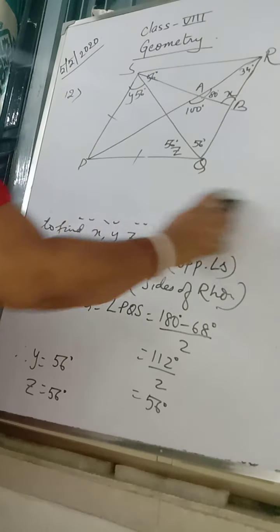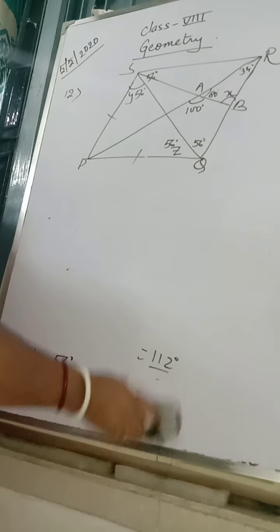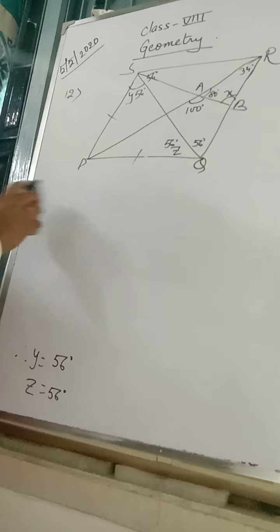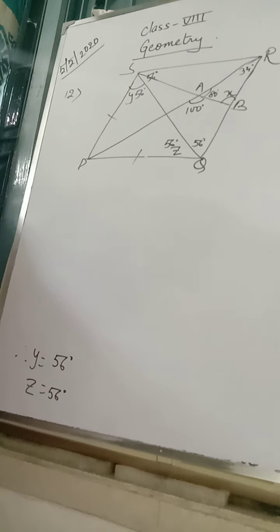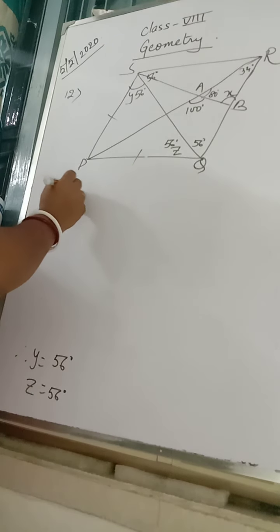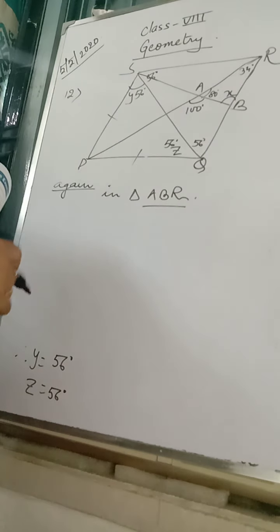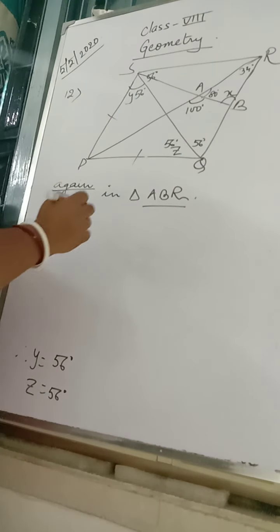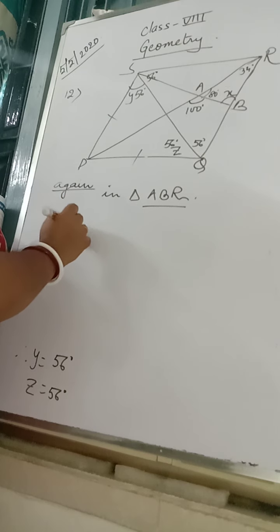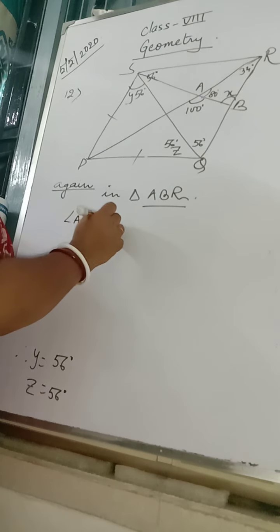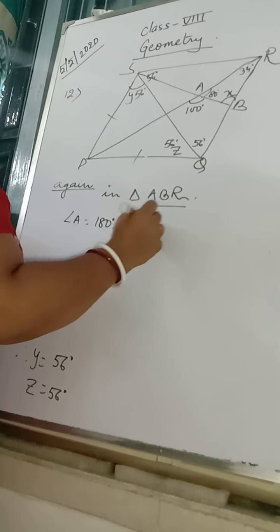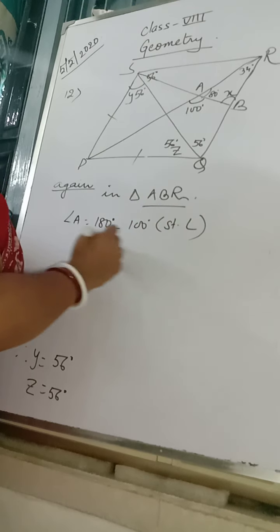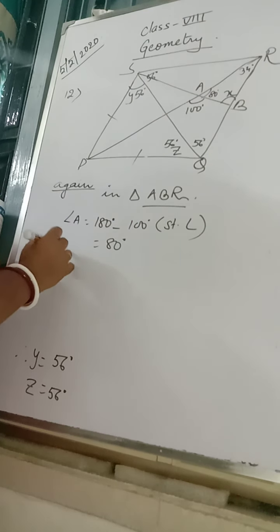Again in triangle ABR, angle A is equal to 180 degrees minus 100 degrees, straight angle, so that is 80 degrees.